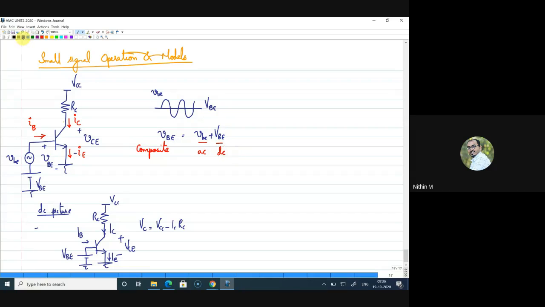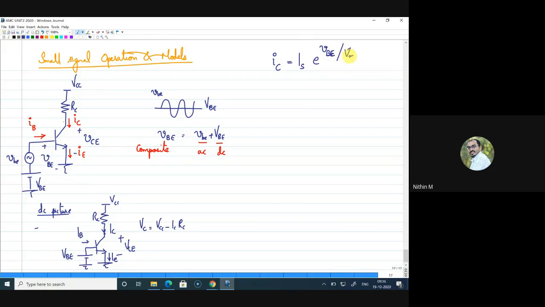Now let me write the current here. The collector current is a composite current. So I'll write IC equal to IS into e to the power of the voltage, which is VBE, but now that voltage is actually a composite voltage, VBE by VT.